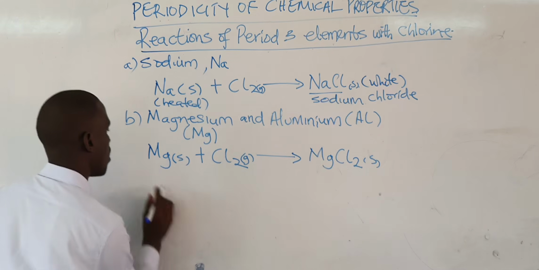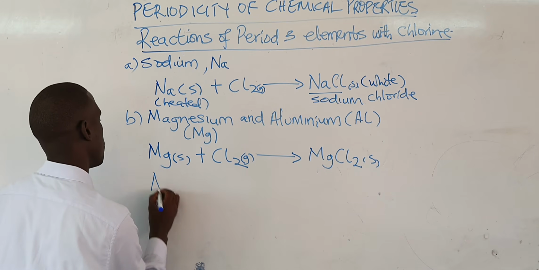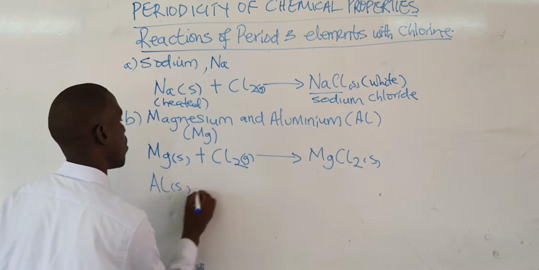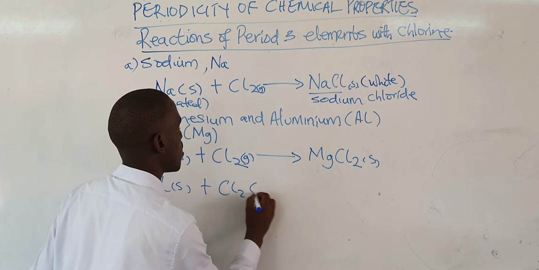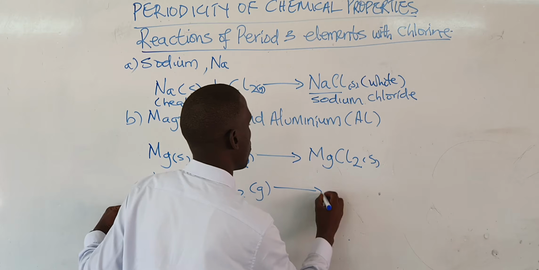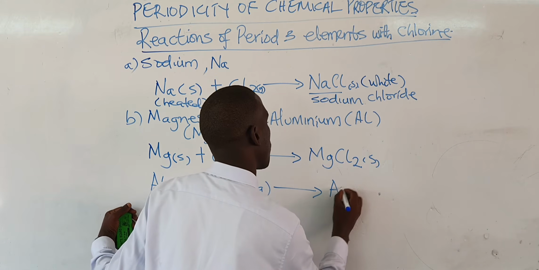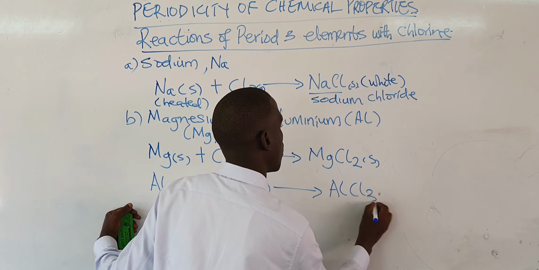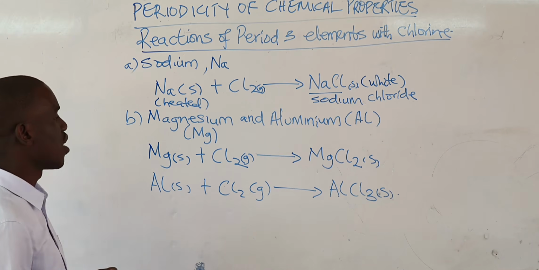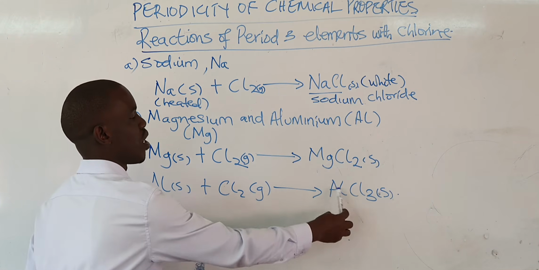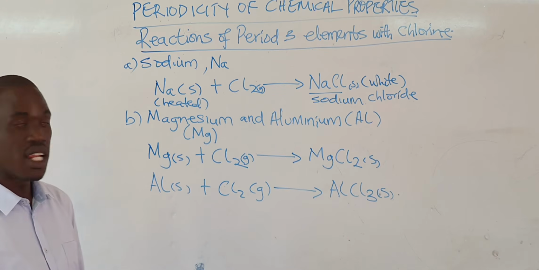Then we have aluminium, a solid, reacting with chlorine, a gas, forming aluminium chloride, a solid. If you don't know where we are getting this formula from, you should know the valencies.